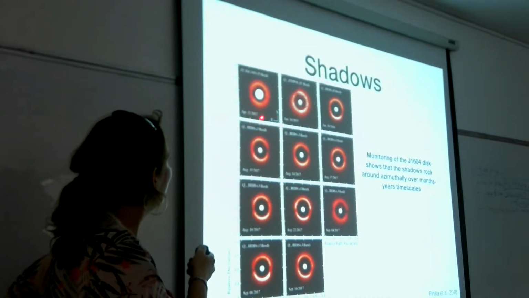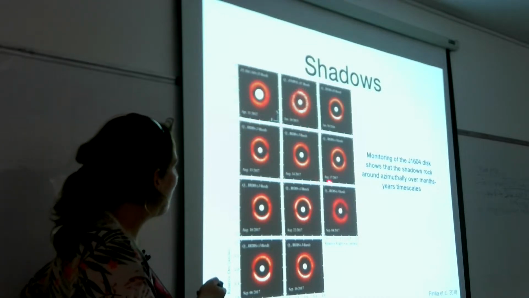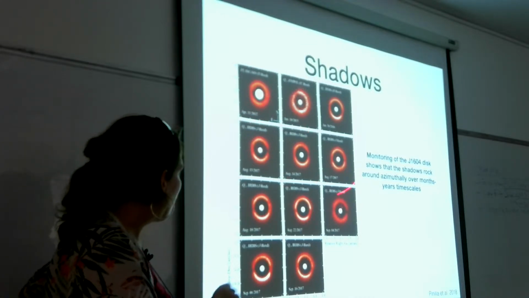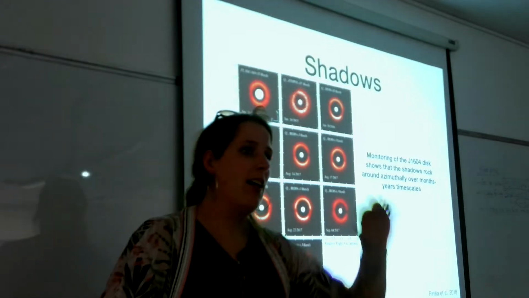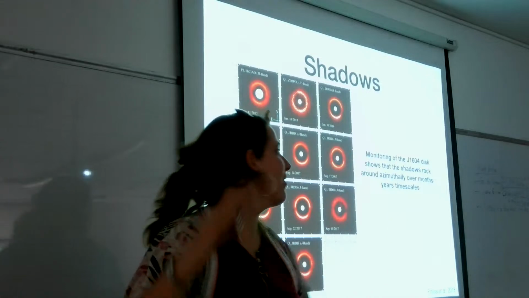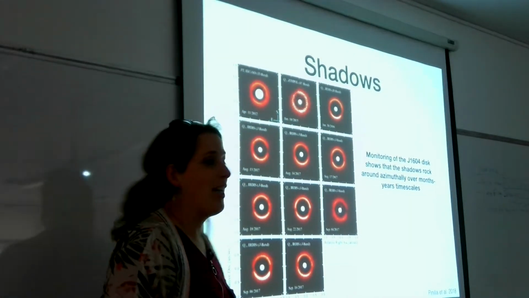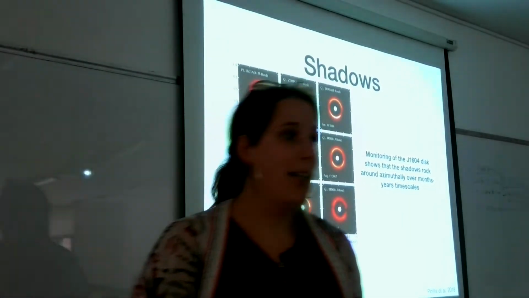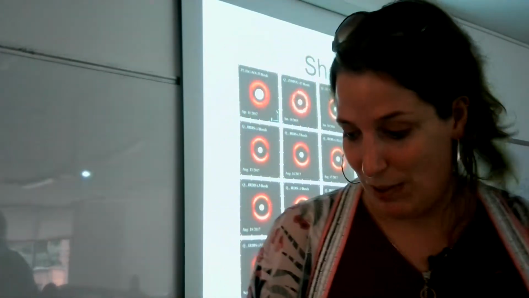So these are the data taken 2012, 15, 17, several observations during 2017. And these shadows move as a function of time. So this misalignment may actually change over time as well, which makes it even harder to interpret.